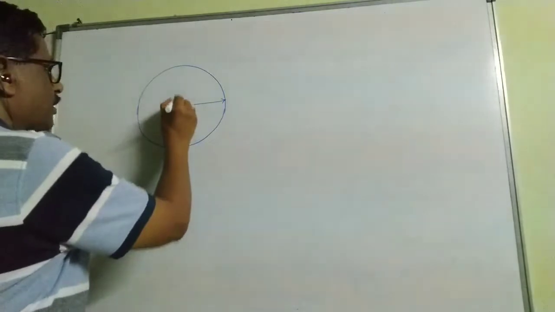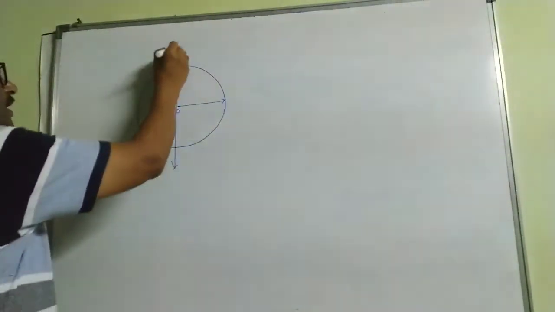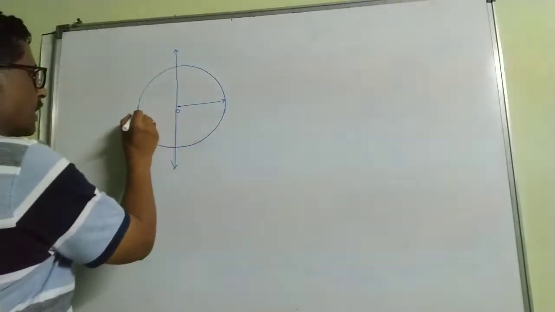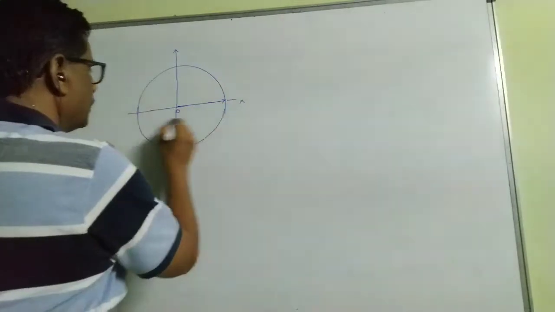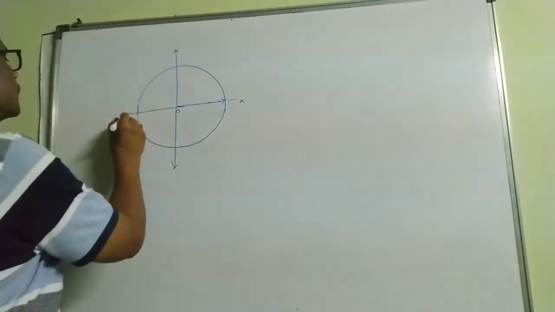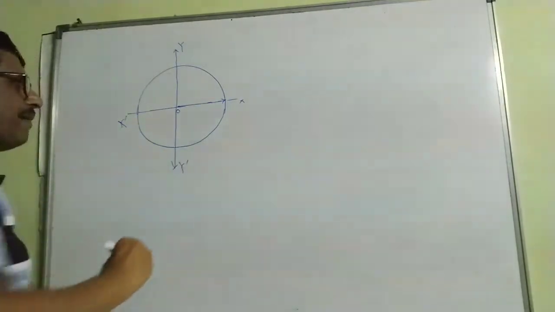O is the center of the circular path. Let us consider circular motion takes place in the xy plane. This is the x-axis, horizontal. X dash. This is y dash.